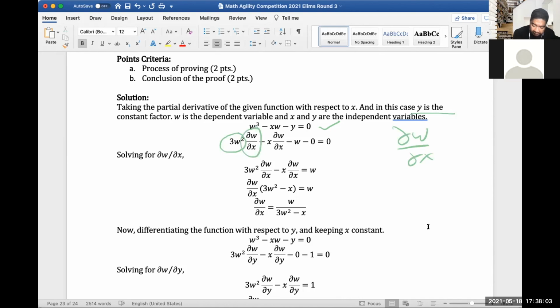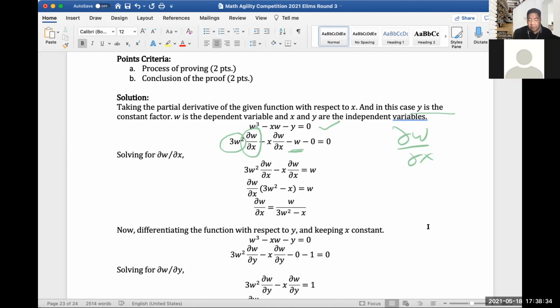And then on the second term, it's the product rule. So let's take x first and get the derivative of w, so that's partial of w with respect to x. And then the derivative of x, which is constant, would be 0, so we don't have that term. With respect to x, the partial of x with respect to x, times w, gives us negative w here.